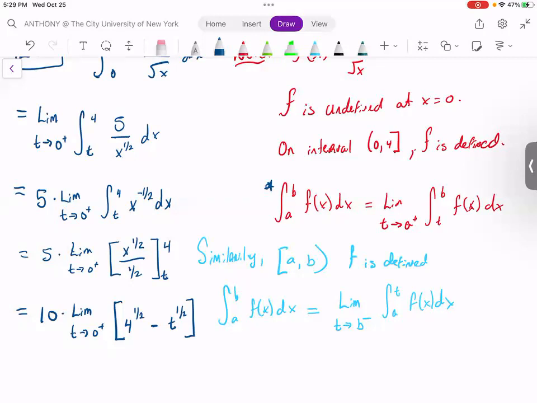Now, it did say that we're looking at t approaches 0 from the right. So if I plug in 0 for t, can I evaluate that? Yeah, you can. Because if you're approaching 0 from the right, these values of t are bigger than 0.